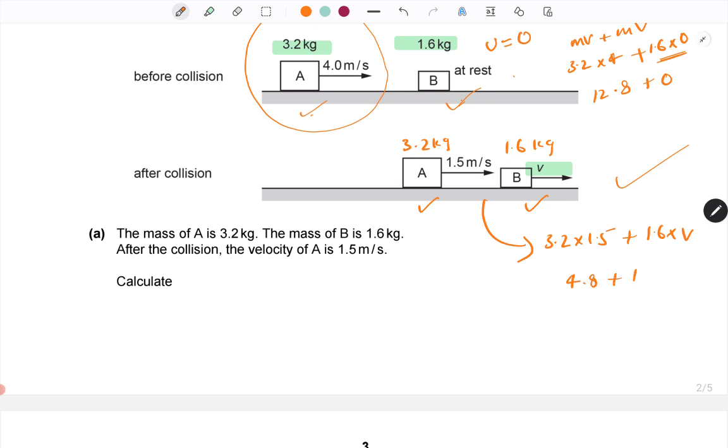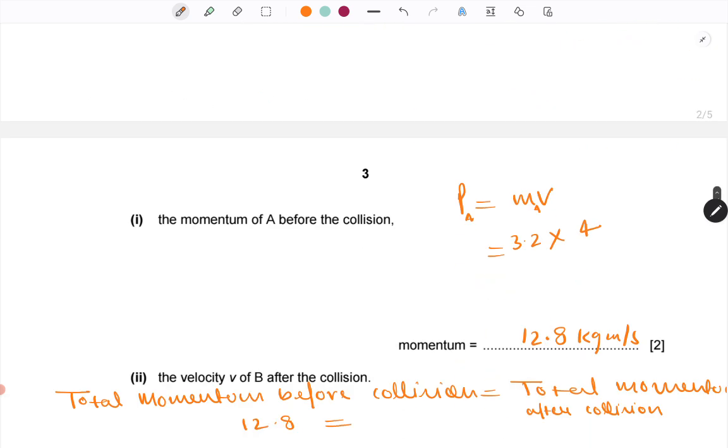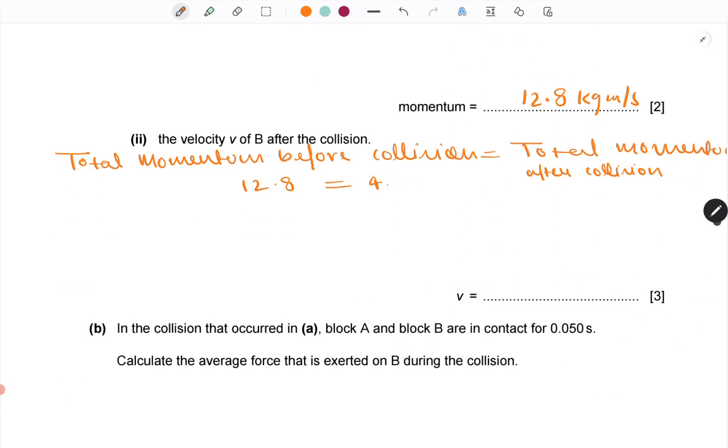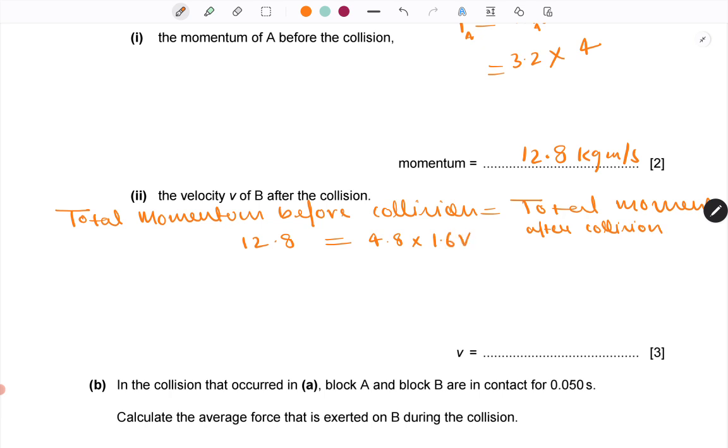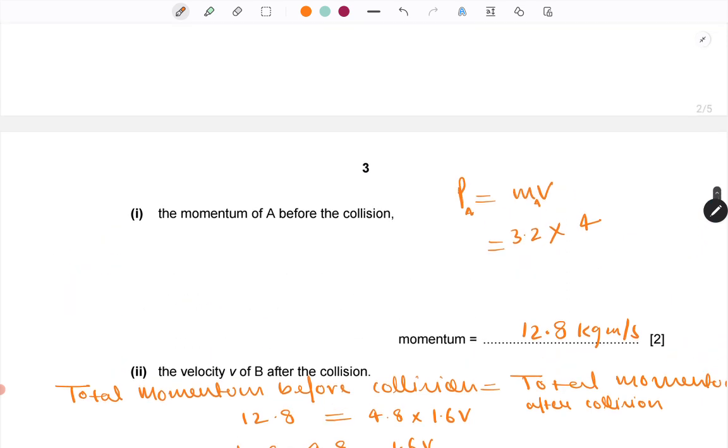So 12.8 equals 4.8 plus 1.6 V. Now let's solve it. 12.8 minus 4.8 is equal to 1.6 V, right? It's coming 8 is equal to 1.6 V. Then V is equal to 8 over 1.6, which is 5 meter per second.